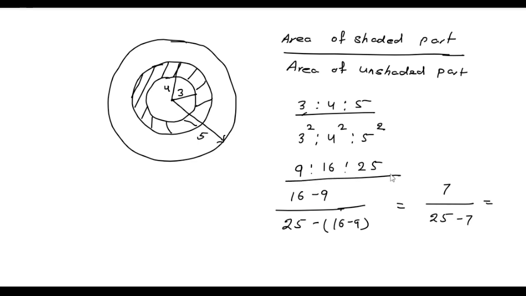Here 9, 16, 25: suppose my inner area is 9, my outer area of radius 4 will be 16 and my final area will be 25. So my shaded area will be 16 minus 9, which is 7, and my unshaded area will be 25 minus shaded area, so it's 7 divided by 25 minus 7, which is 7 divided by 18.